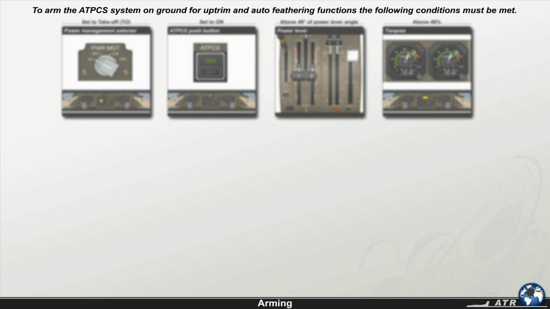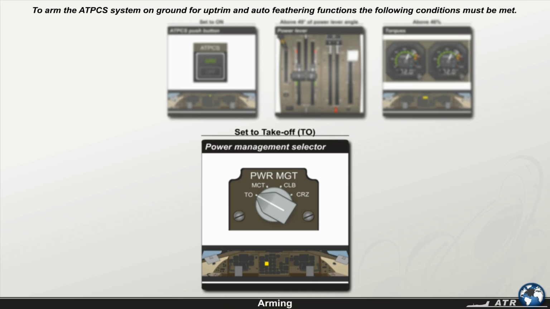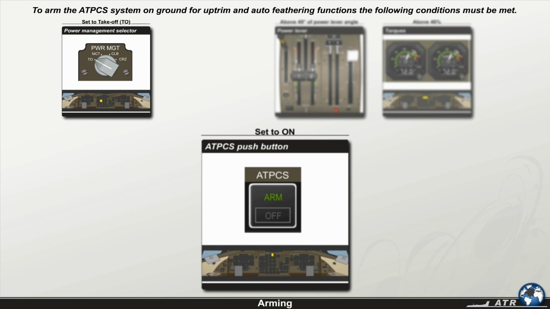To arm the ATPCS system on ground for up-trim and auto-feathering functions, the following conditions must be met. Power management selector set to takeoff. ATPCS push button on.